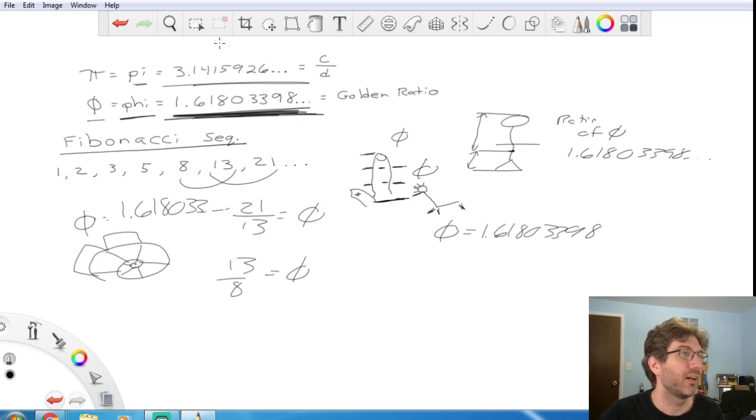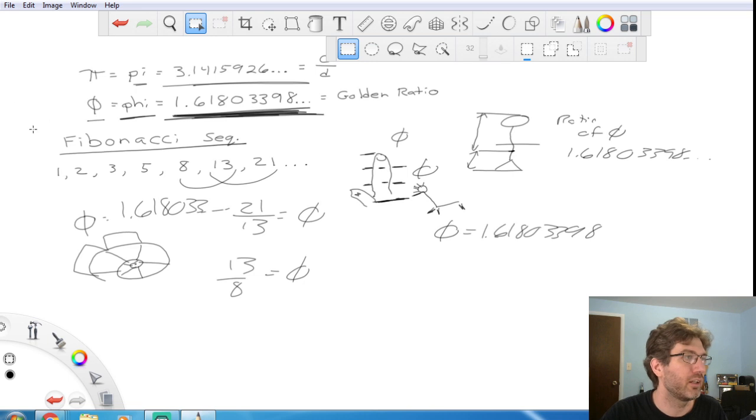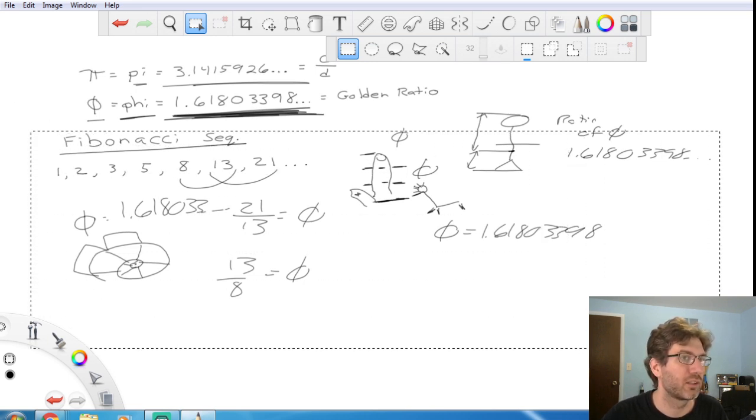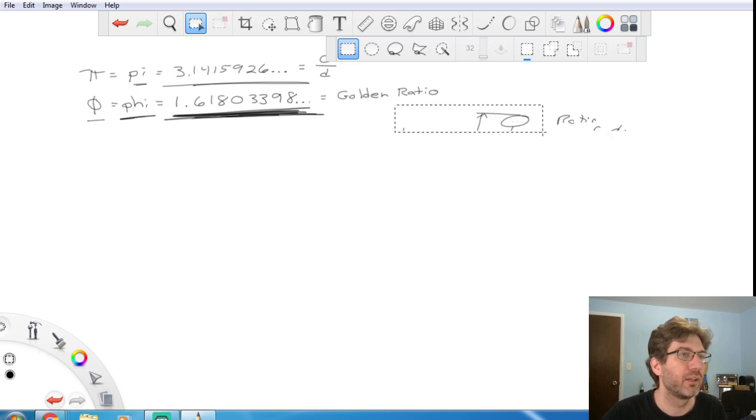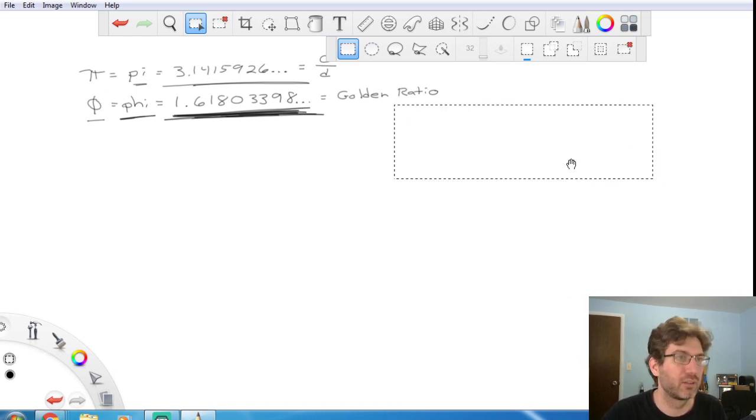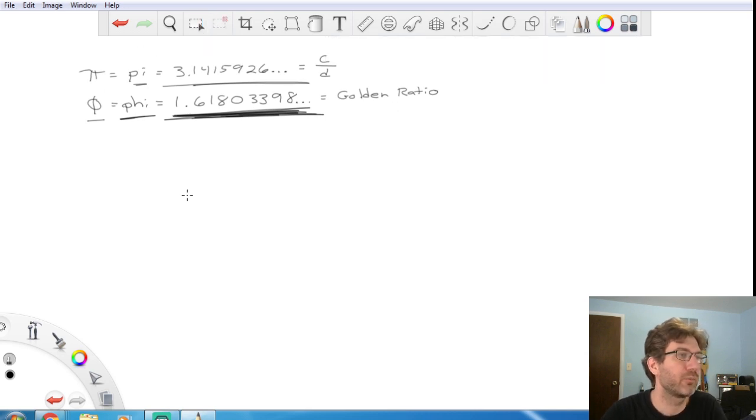Flower petal thing. Okay, so in the video he made a computer program, and on his computer program he was making different types of flowers.